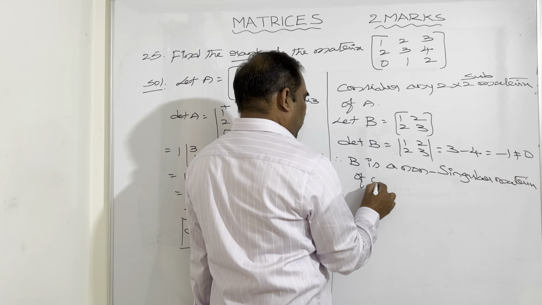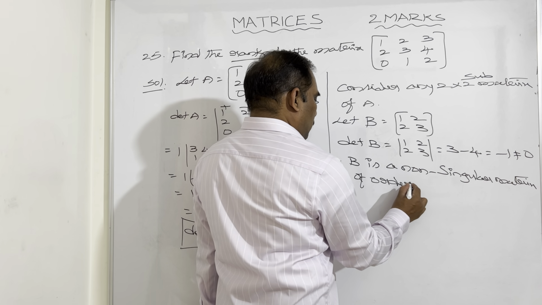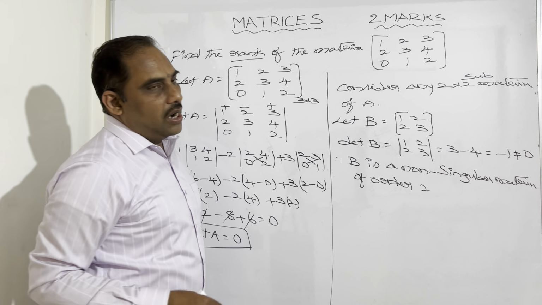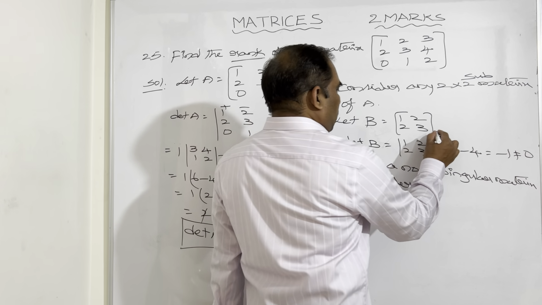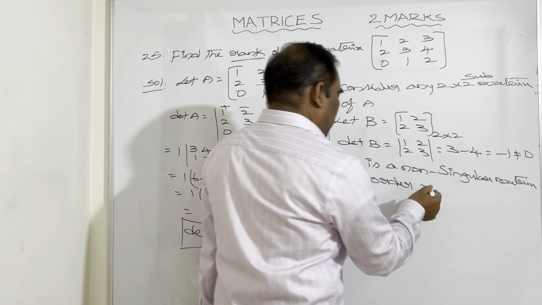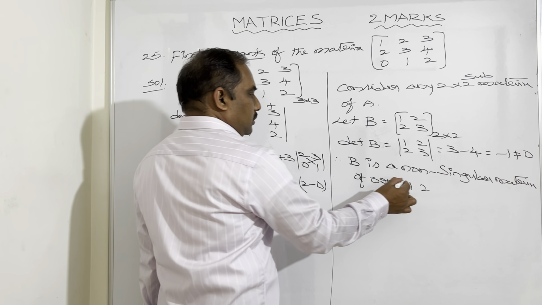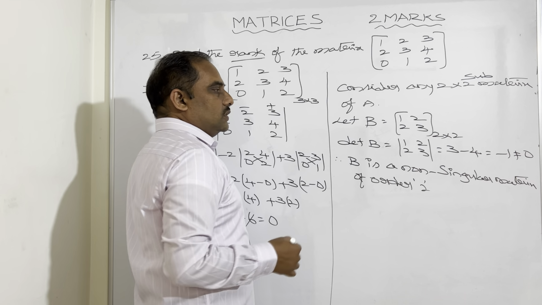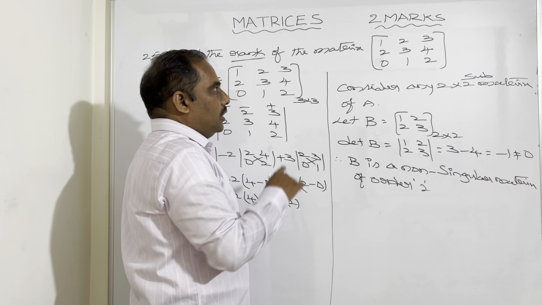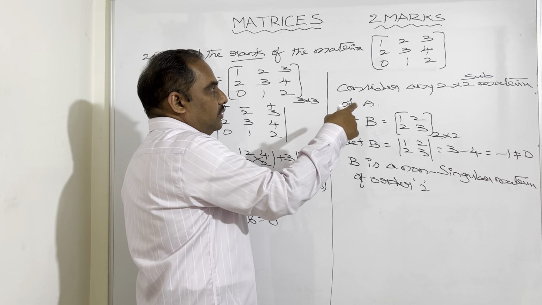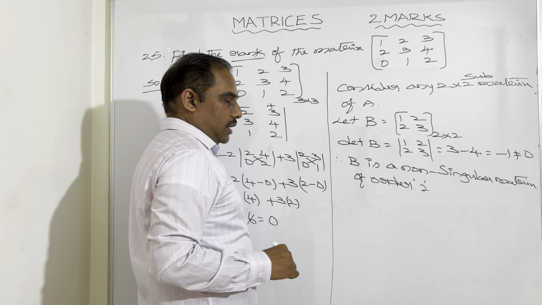What is the order of the matrix B? 2 by 2 order. So it is a square matrix of order 2. So if it is a non-singular matrix, a 2 by 2 submatrix of the given 3 by 3 matrix is non-singular.